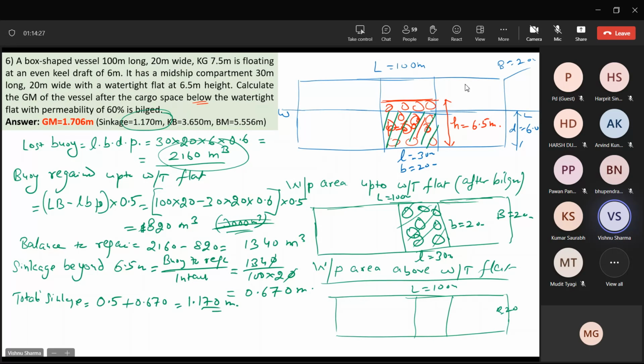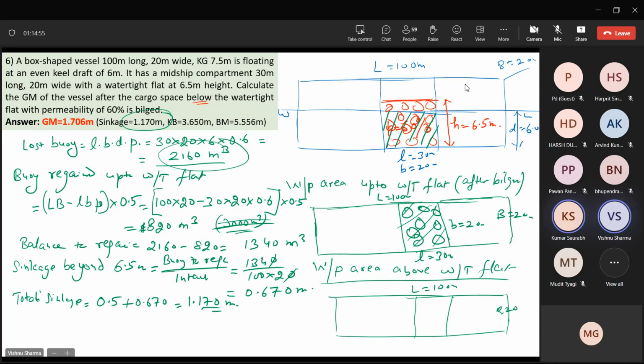You regain only 820 cubic meters if the vessel sinks up to a 6.5 meter draft. Correct, beta? That is the H. The moment you reach that, your water plane becomes fully intact. It becomes like a DB of 6.5 meters height, right? And how much do I need to regain beyond that? That is the balance, 2160 minus 820.